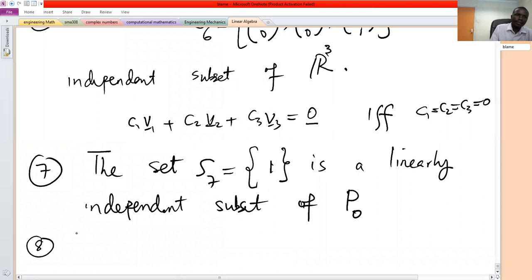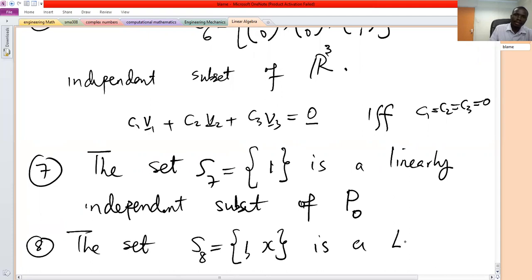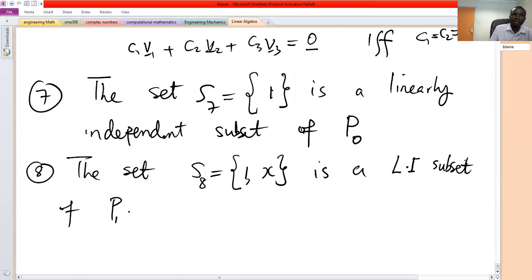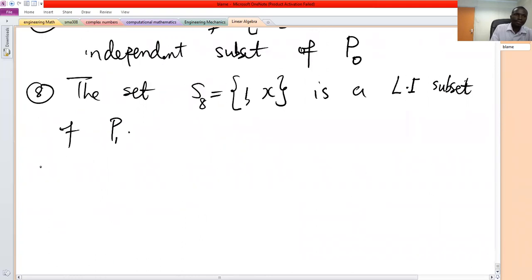Number 8, the set S8 given by 1 and x is a linearly independent subset of P1. P1 means the set of all polynomials of degree less than or equal to 1.